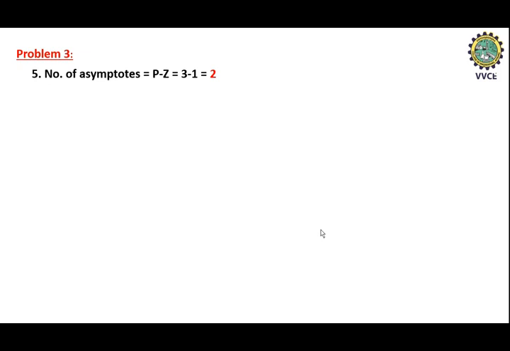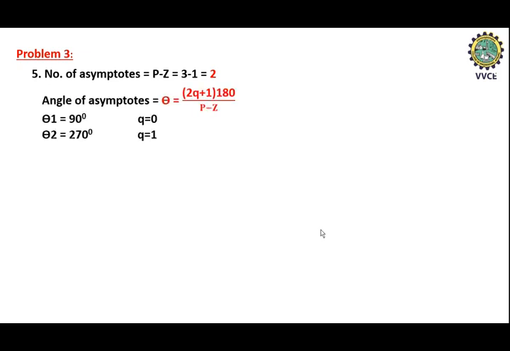So you need to find 2 different directions of the 2 infinite branches. In order to find the direction of these 2 infinite branches, you need to find the angle of asymptotes. The angle of asymptotes can be calculated by theta equal to (2q plus 1) times 180 divided by (p minus z), where you can substitute q as 0, 1, 2, 3 up to infinity.